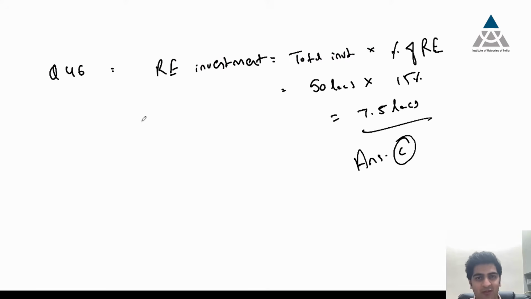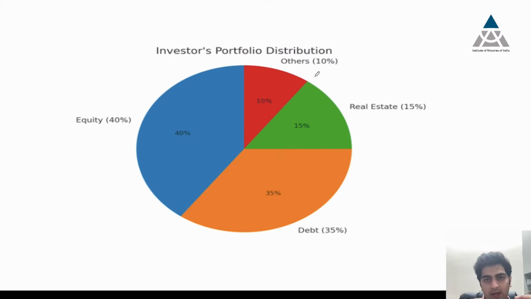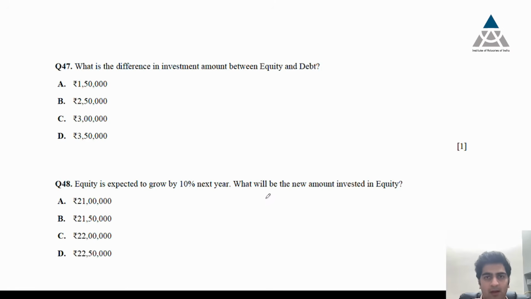So let's move to question 47. It says, what is the difference in investment amount between equity and debt? Okay. So equity has 40% investment, debt has 35% investment. Let's keep it simple and calculate the amount under both.